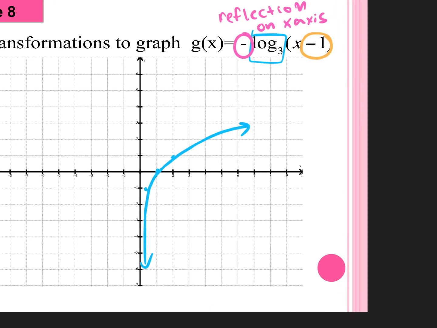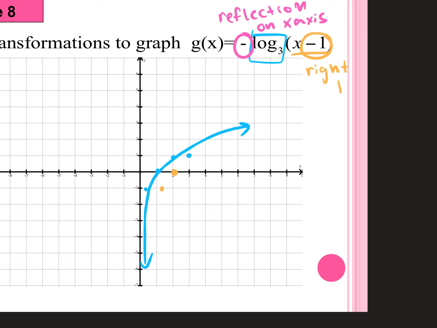So minus on the inside when it's happening directly to the x, that would be a shift to the right. So we move to the right one. So my graph goes to the right one. I take all of my points, just shift them to the right one.